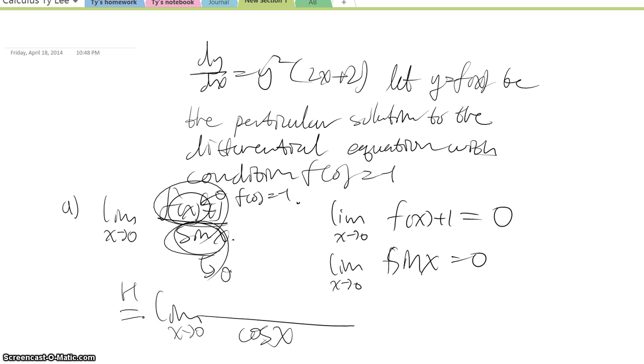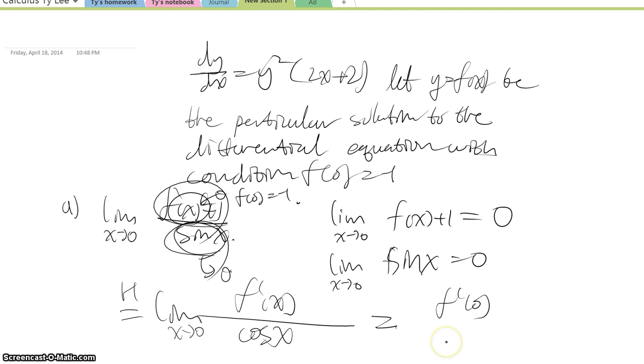Right now we know that f prime of x, because dy/dx is given as y squared times (2x plus 2), when x is 0, because x is approaching 0.